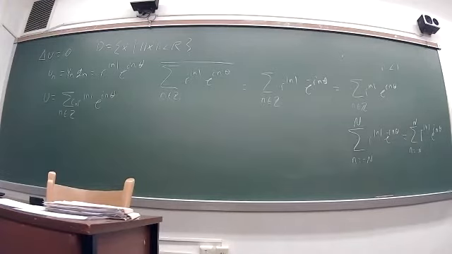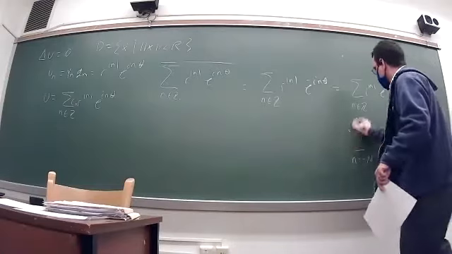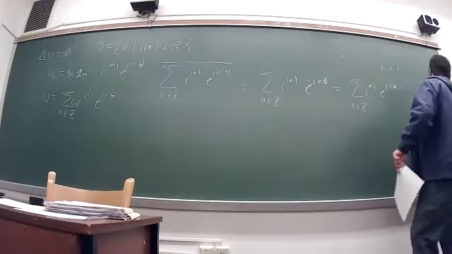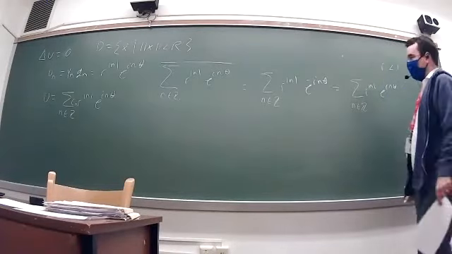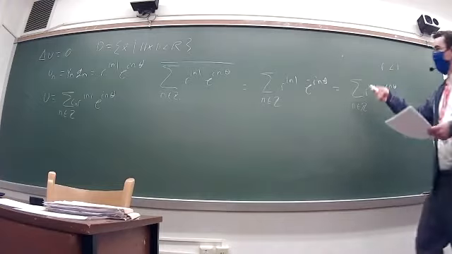That's all. If a complex number is equal to its conjugate, that means its imaginary part is 0, and that means that complex number is real. So this is a real series.